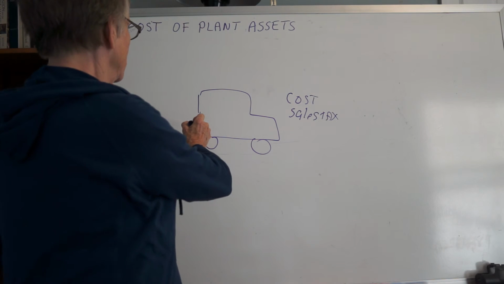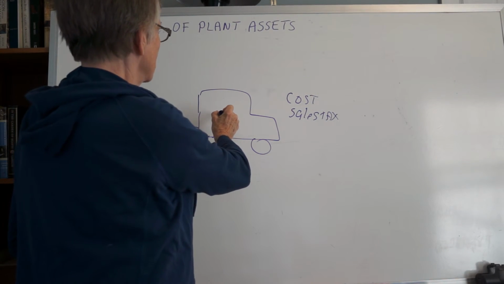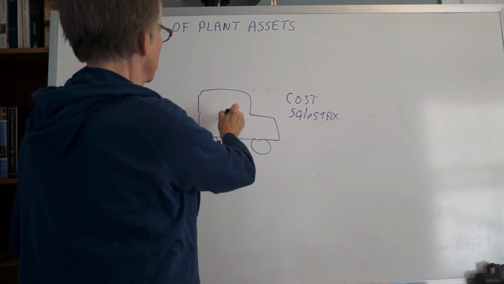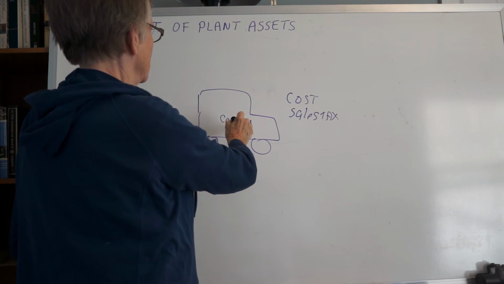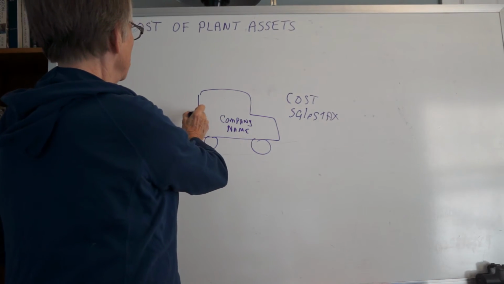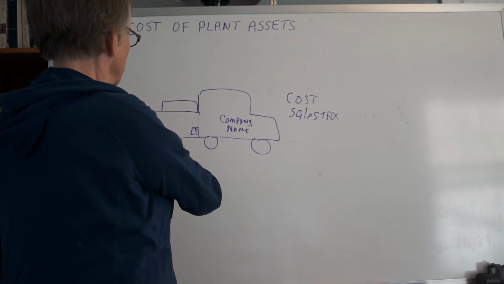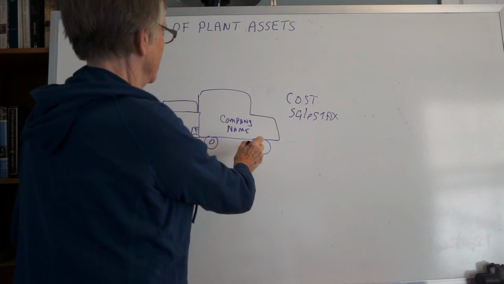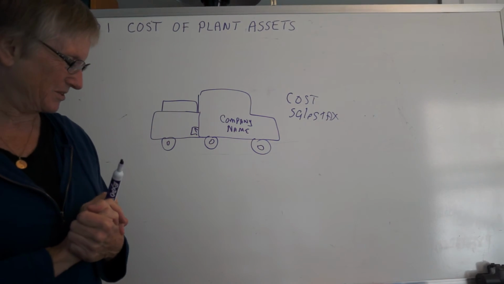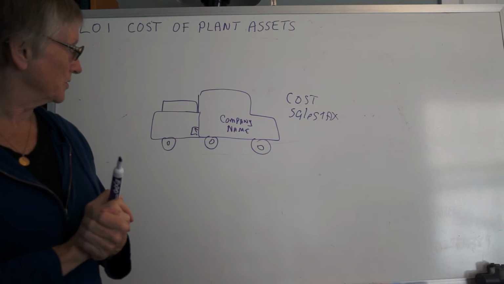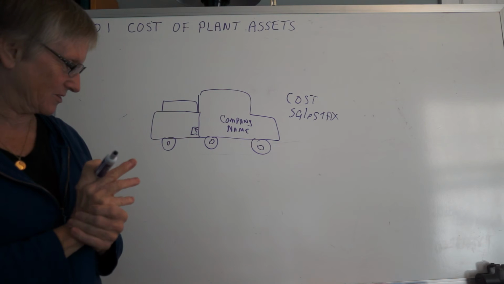So maybe you need to put some kind of trailer hitch on it, and lettering is required, the company name has to be on the side of the truck. If you bought a truck that had a bed, maybe you need toolboxes, another wheel. Anyway, all of those costs to get the truck ready for its intended use would go into the initial cost of the truck, as it's brought on the books as an asset.